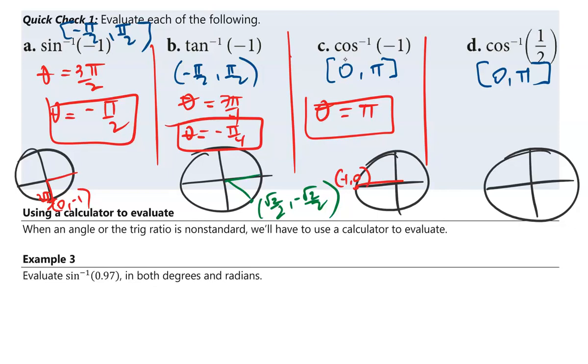So 1/2 cosine is this point, this angle, which is pi over 3. We have here 1/2 and square root of 3 over 2. So the answer is pi over 3.